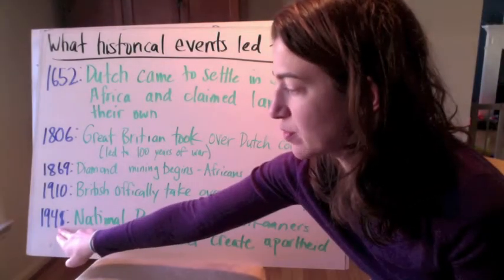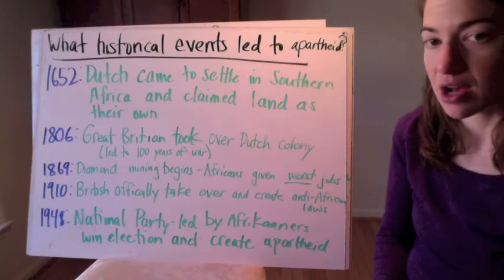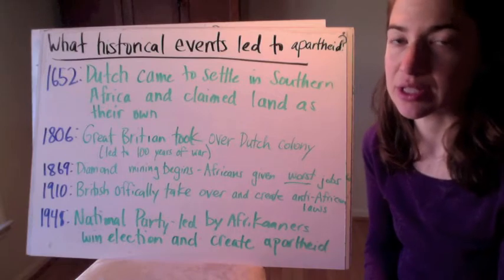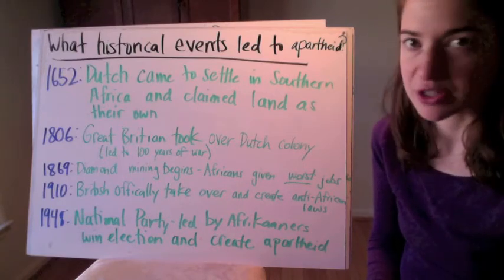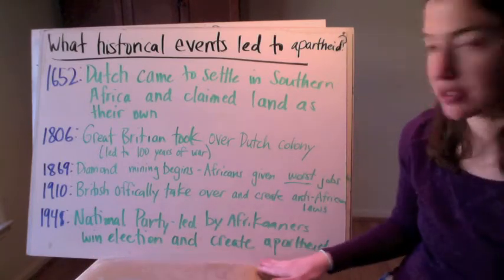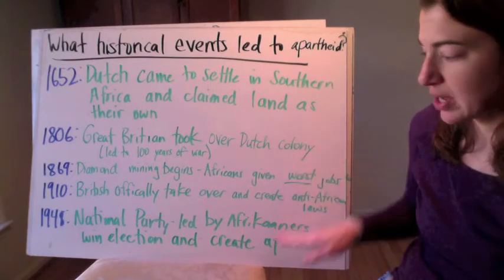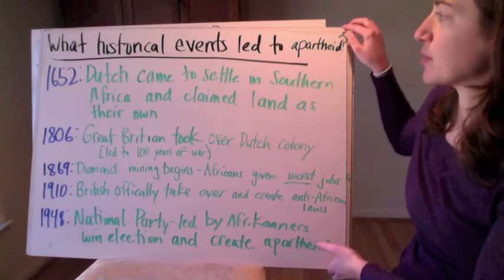And in 1948, the National Party, led by Afrikaners, who are white people who have settled in South Africa and lived there for probably hundreds of years, win election and they create apartheid. Okay, so there was discrimination before, but the official policy of apartheid began in 1948.